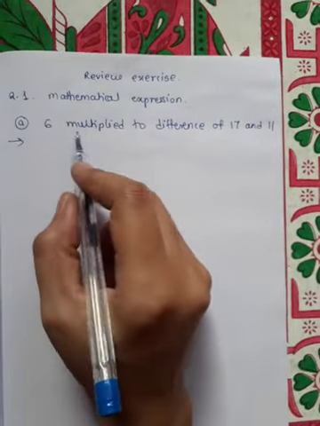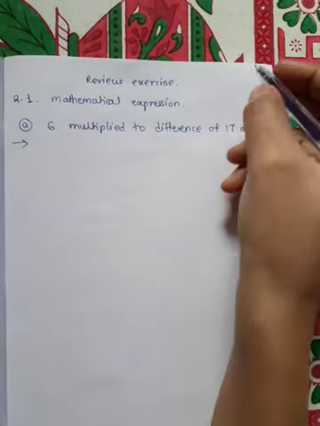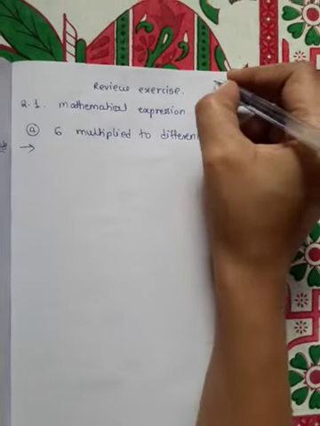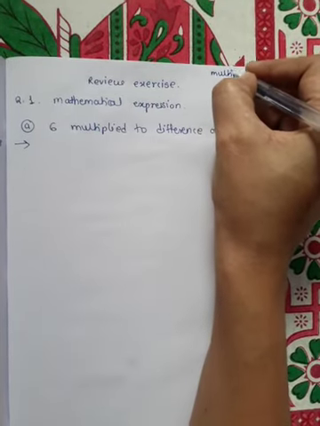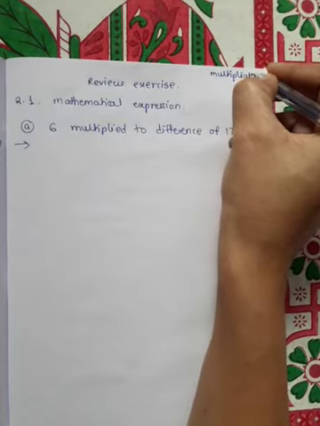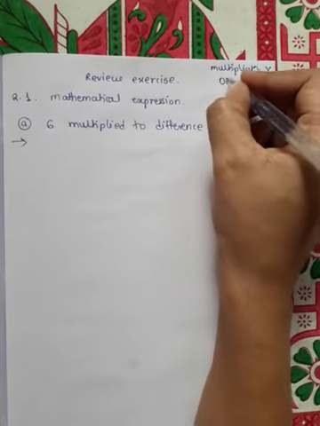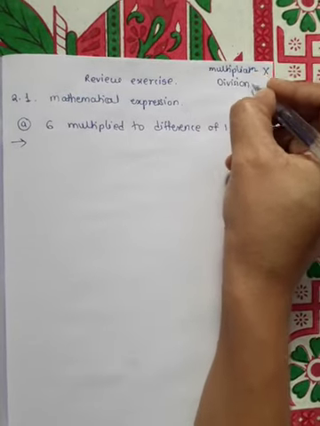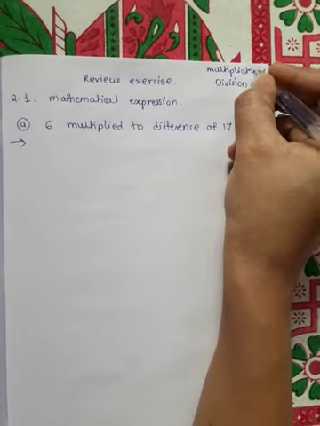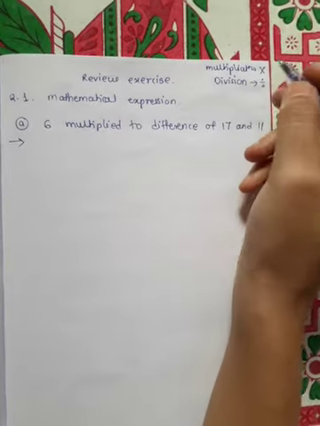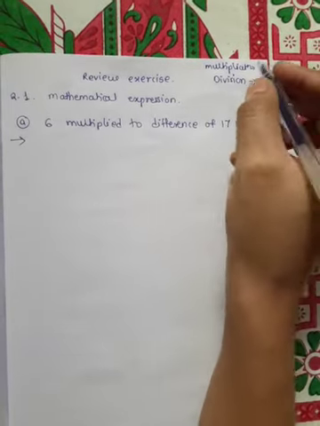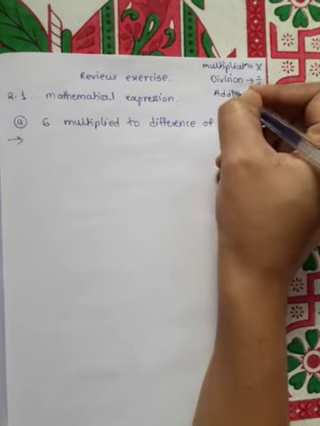We know multiplication. What is the symbol for multiplication? This is the symbol for multiplication. For division, this is the symbol for division. So we know all the symbols for addition and subtraction.